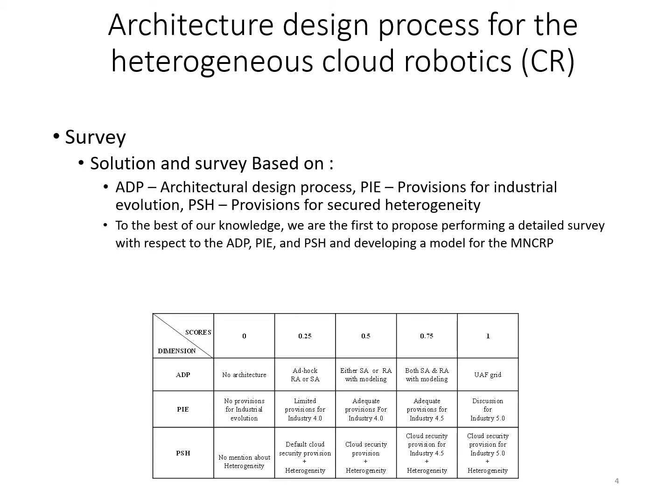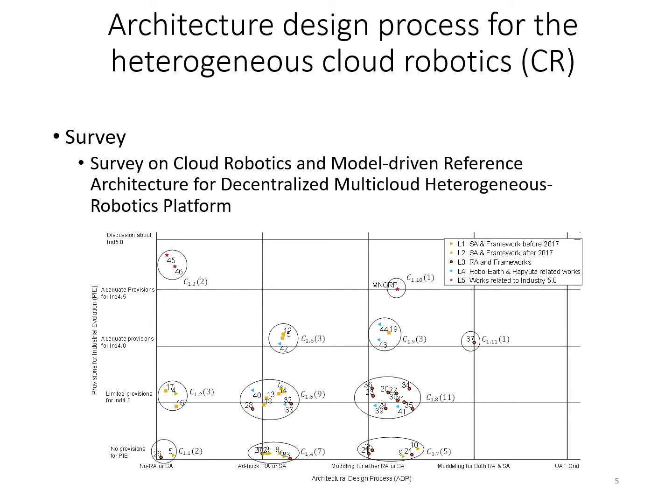We identified architectural design process, provision for industrial evolution, and provision for secured heterogeneity as the three main metrics of our domain. Then we categorize each dimension into 4 parts and give marks as this table shows. After the survey, this is one of the graphs of the survey.